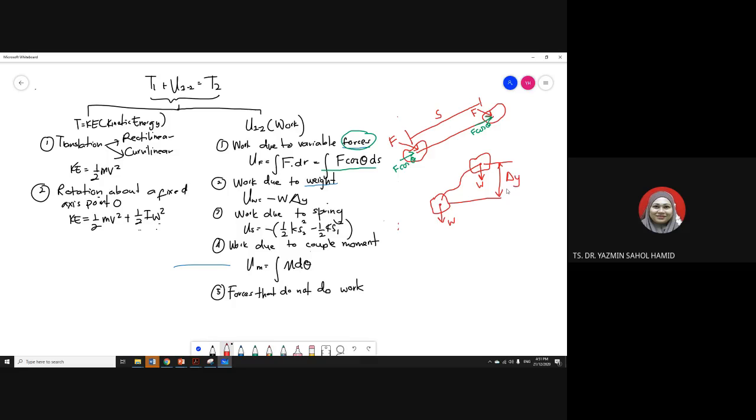Sometimes work can also be due to the weight. So basically, due to weight it means its mass is undergoing a displacement that we label as delta y. That's why the formula here, this is the formula, is negative W delta y.